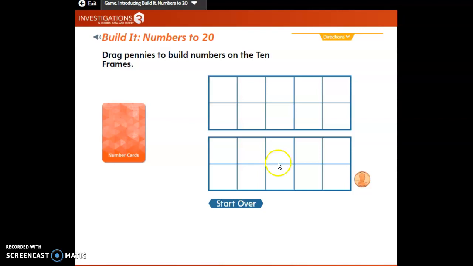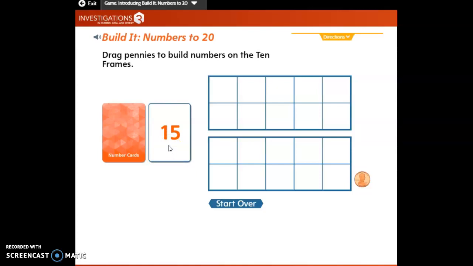Okay, so to play this game, the first thing that you do is you flip over a number card. So the first number I see in my deck, in my number card, is the number what? Did you say 15? This is the number 15. How do you know that this is the number 15?